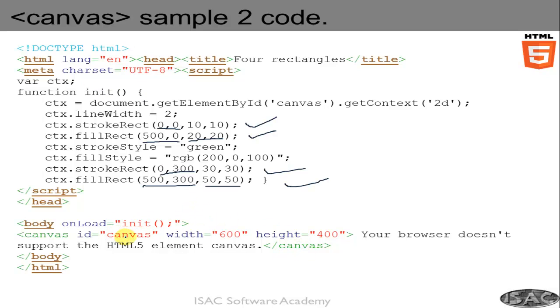In case the browser does not support the canvas element or tag, you can always display a message, your browser does not support the HTML5 element canvas. Whatever you put between the tags only gets displayed if the browser does not support the canvas tag.